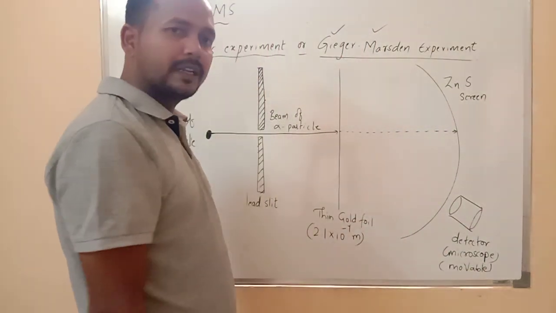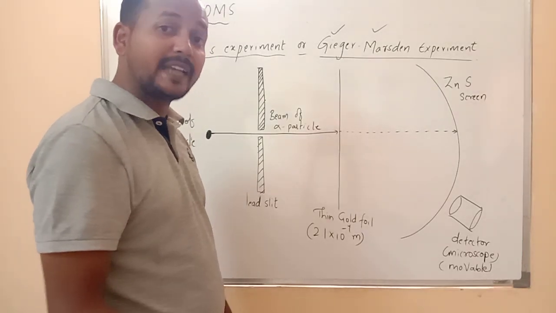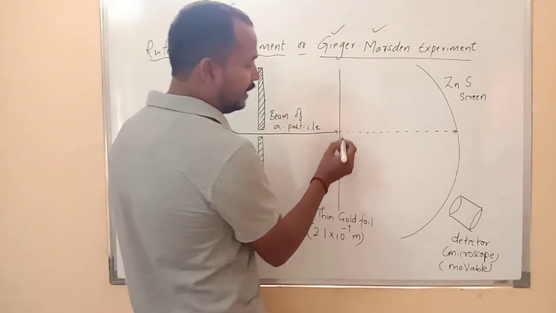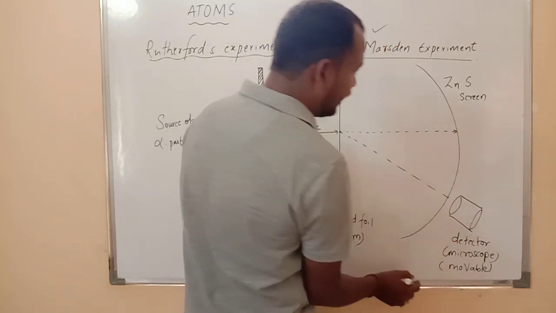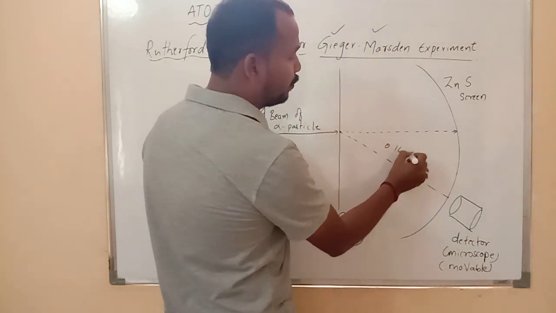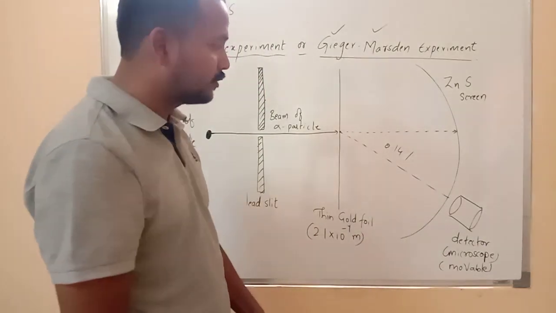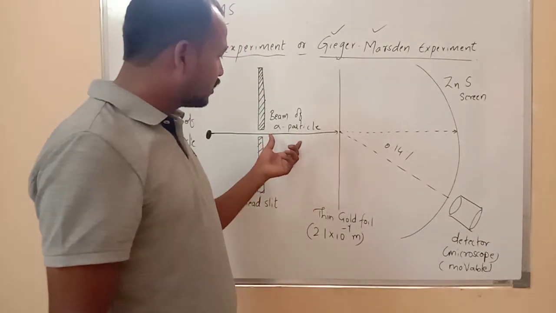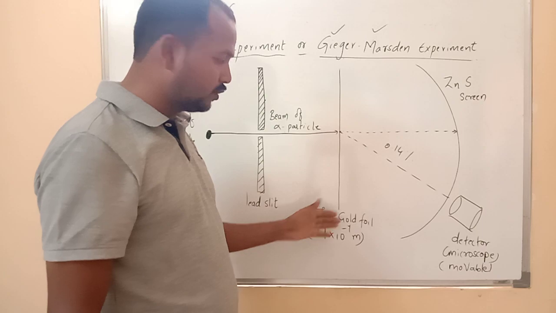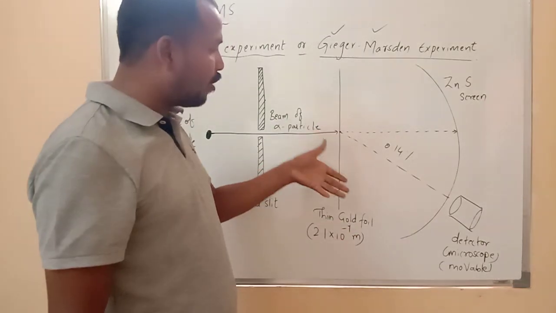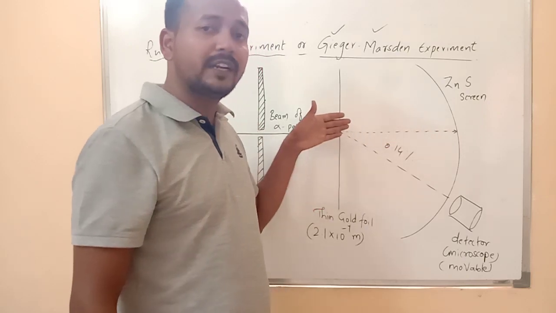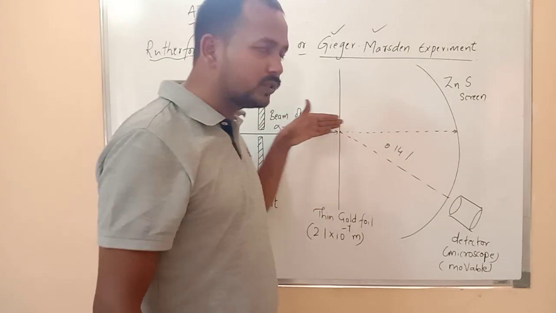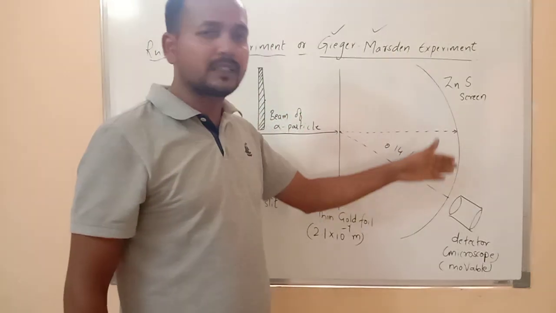And how many alpha particles will deviate or deflect or scatter? Only, for example, 0.14%. This is very important. Whenever the beam of alpha particles falls on a thin gold foil, most alpha particles move undeviated, travelling in a straight line without deviation and hitting the zinc sulfide screen.